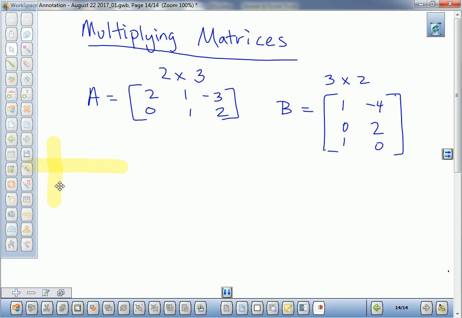In order to multiply matrices, the number of columns of the first matrix must be the same as the number of rows in the second matrix. These two things have to be equal.